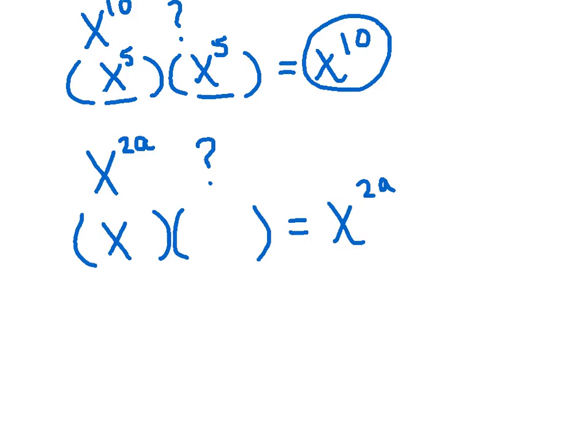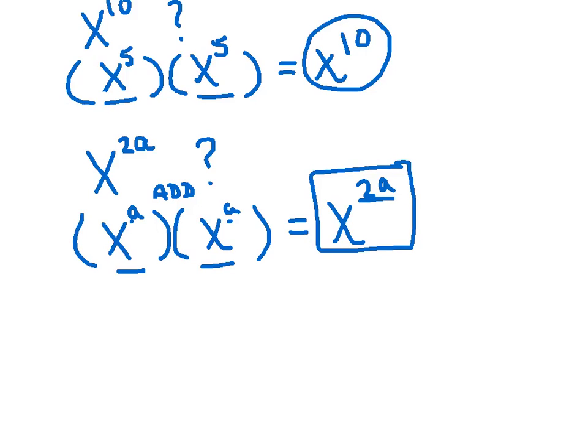Maybe try this. How about x to the a times x to the a? You'll notice we are multiplying like bases, so all we have to do is grab those exponents, add them together, and you'll notice that a plus a is indeed 2a. So we can make the argument that x raised to the 2a power is indeed a perfect square.